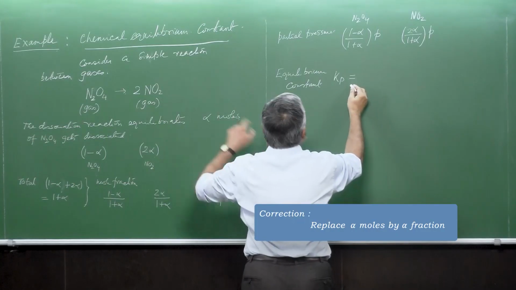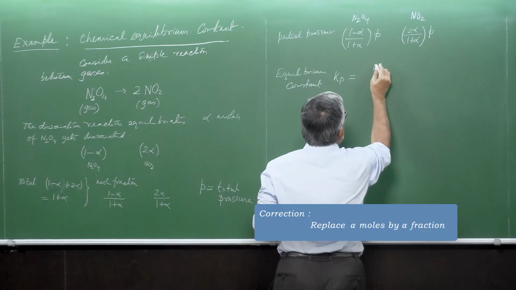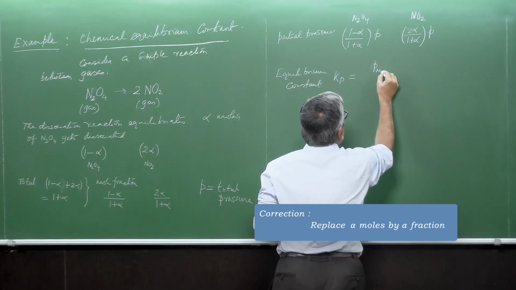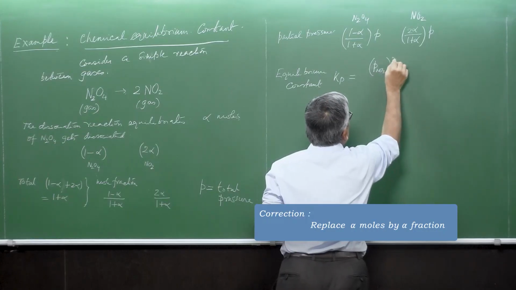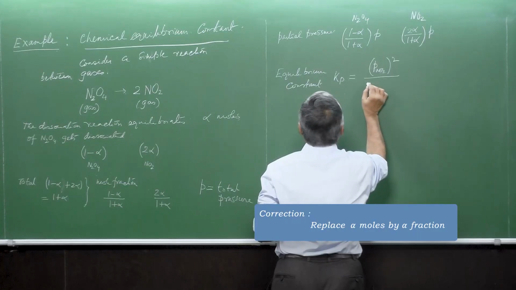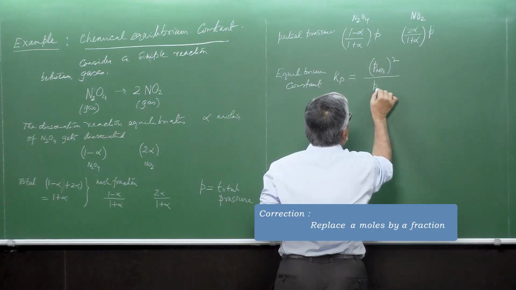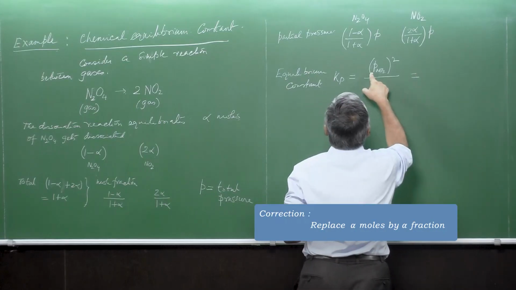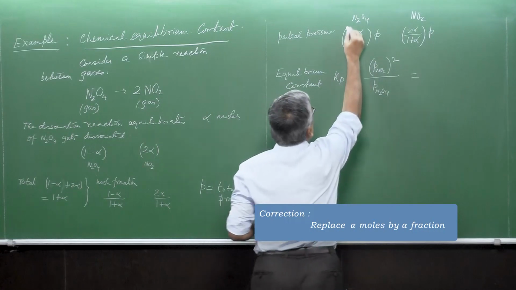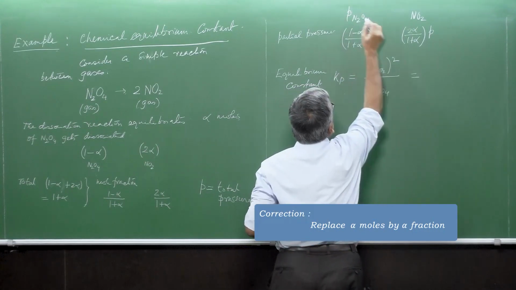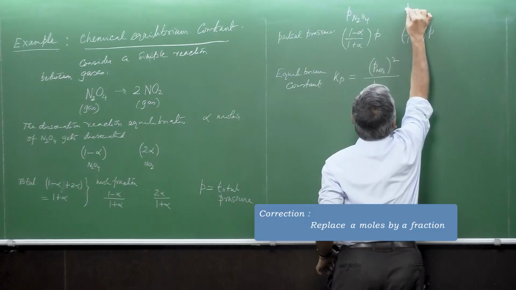That means here you have P of NO2 squared divided by P of N2O4.